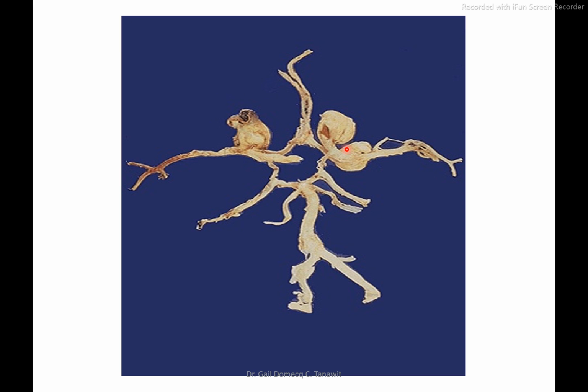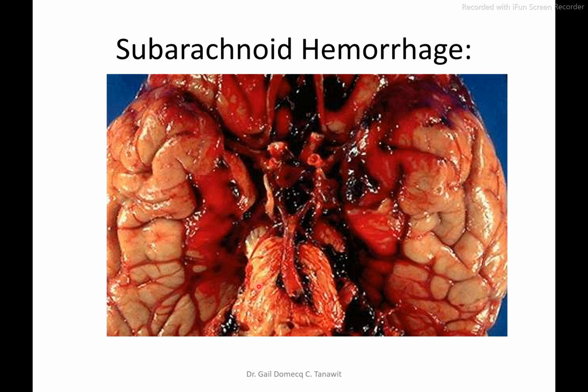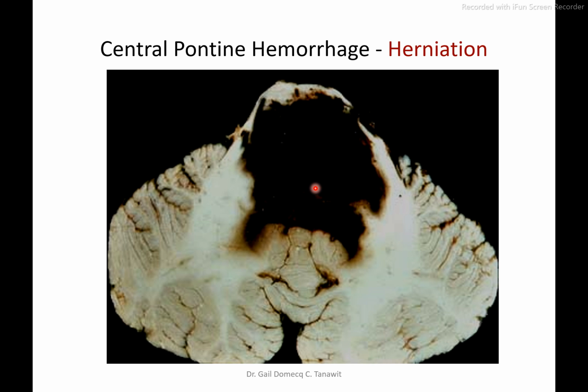Ito pa-rupture pa lang. So hindi yan parang taong naglalakad. Okay, this is a berry aneurysm na nag-rupture leading into a subarachnoid hemorrhage. Okay. So this is a subarachnoid hemorrhage.